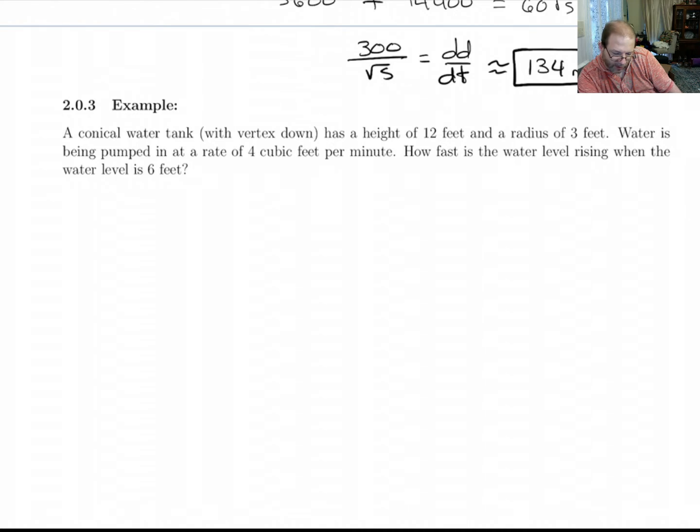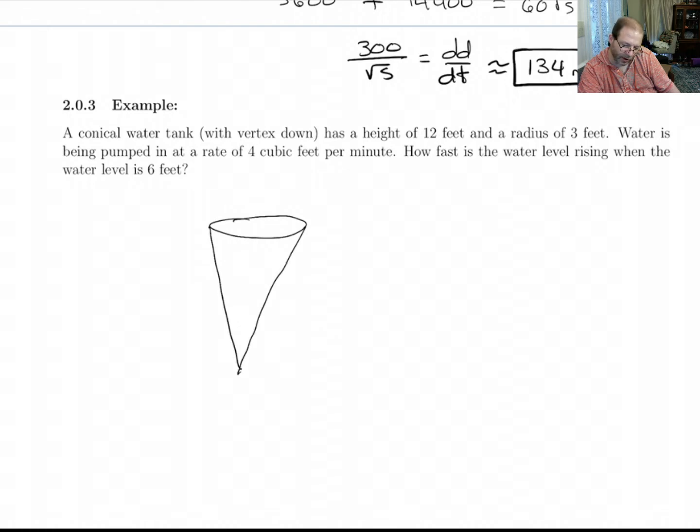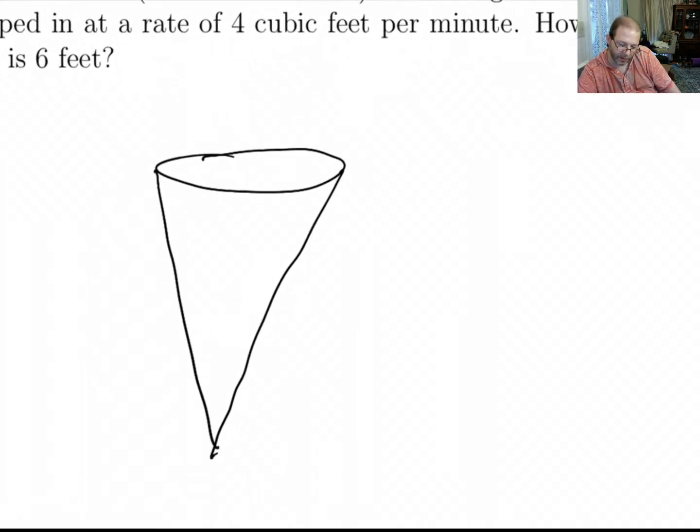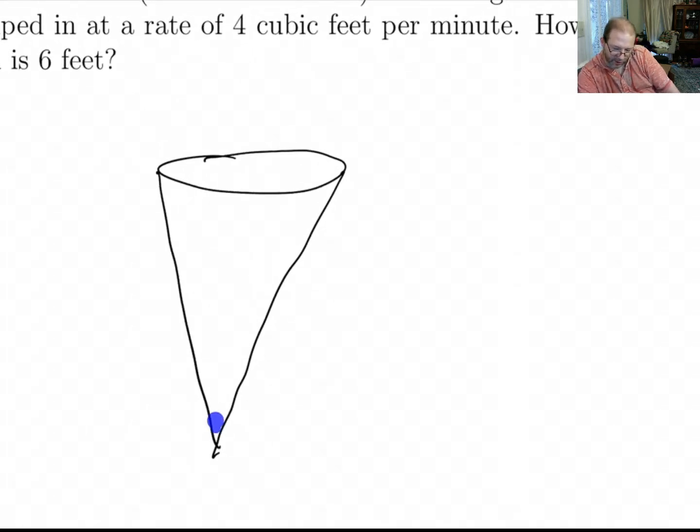Okay, I want to talk about this just in general for a little bit before we solve the actual problem. If you've got a conical water tank and you're pumping water into it at a constant rate, then during the first minute that you're filling it up, you're going to put some amount of water in there. During the second minute, you're going to put the same amount of water in there.